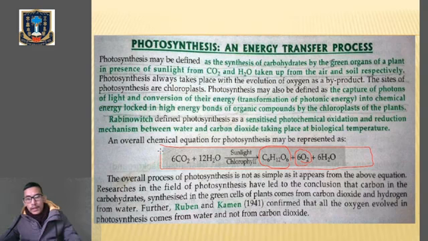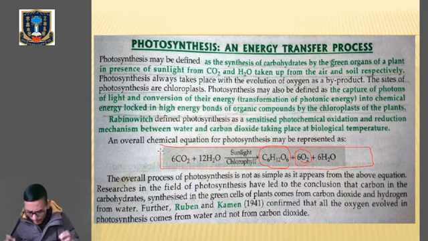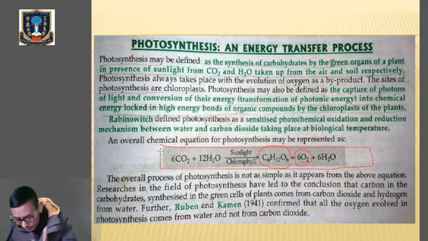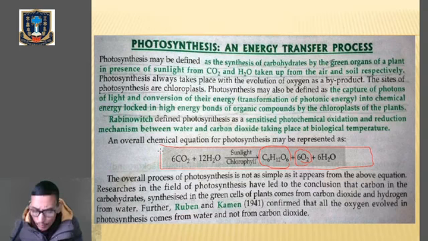Clear? Now during photosynthesis the green plants, with the help of chlorophyll, the green pigment bearing cells, synthesize carbohydrate from carbon dioxide and water and in the presence of sunlight. Now carbohydrate produced by photosynthesis stores the chemical energy for the entire living world.